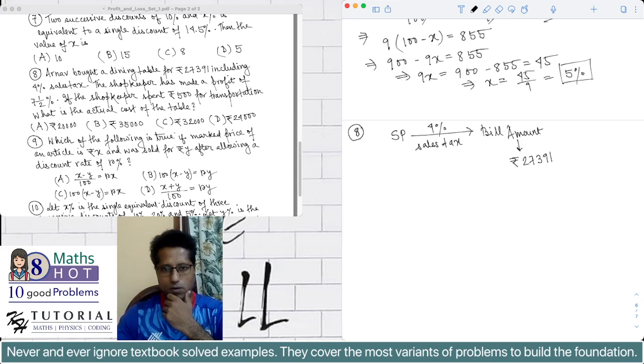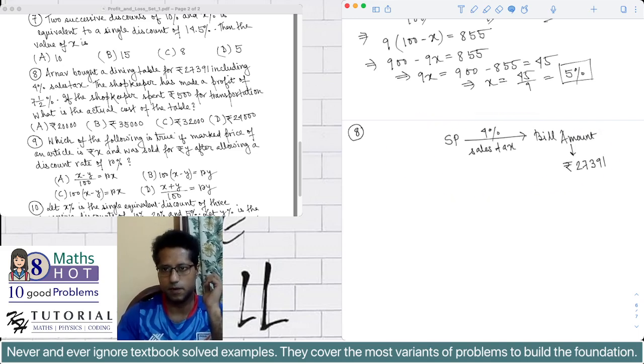Okay, the shopkeeper has made a profit of 7.5%. So, if we consider the bigger picture, if the shopkeeper has made a profit of 7.5%, if the shopkeeper spent rupees 500 for transportation, what is the actual cost of the table?